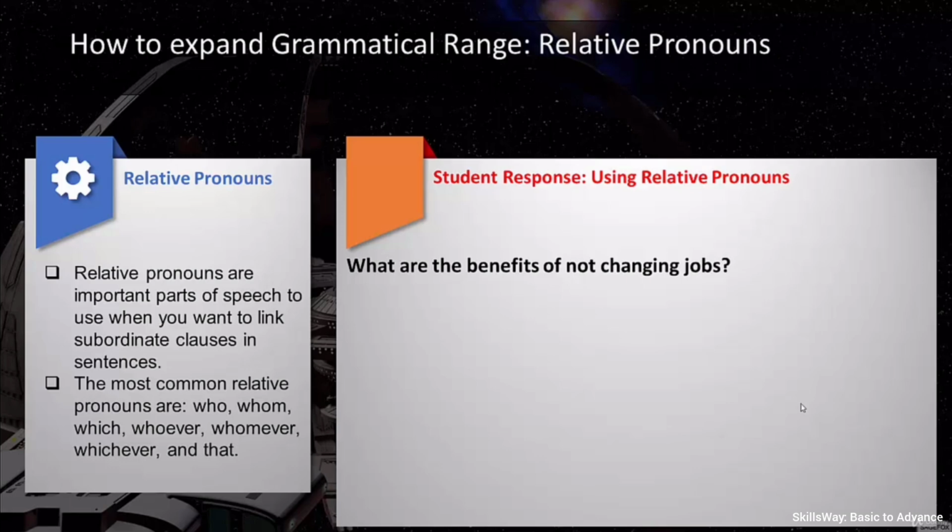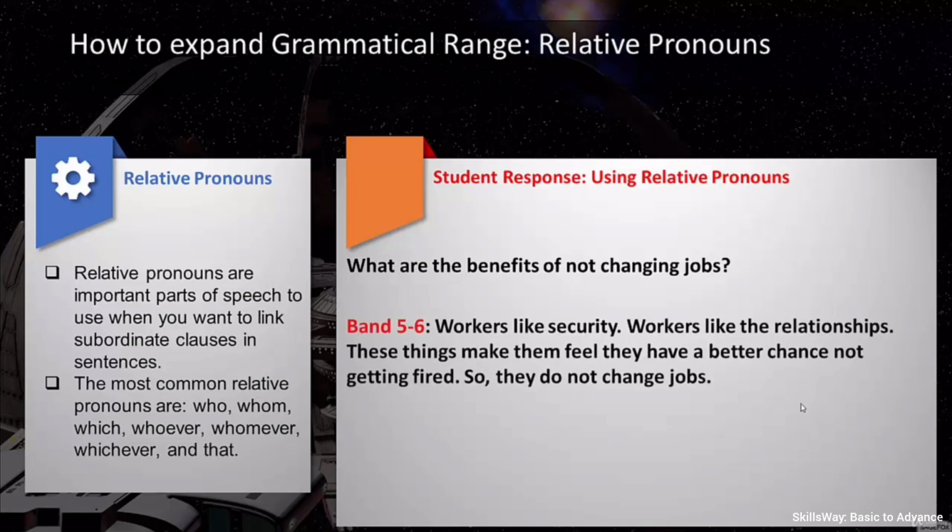So what are the benefits of not changing jobs? Band 5-6: Workers like security. Workers like relationships. These things make them feel they have a better chance of not getting fired. So they do not change jobs. Now, are all those sentences grammatically correct? Yes, they are. Are they band 5 to 6 sentences?